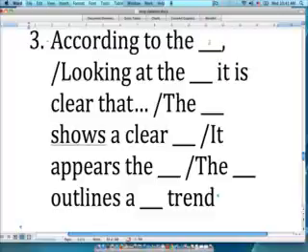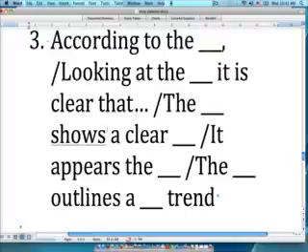So according to the chart, comma, buses come regularly every morning in Shanghai, or whatever the broad trend is in the source that you're given. Or perhaps looking at the chart, looking at the diagram, it is clear that, and then whatever, or maybe it is not entirely clear that, depending on what kind of information you're given.